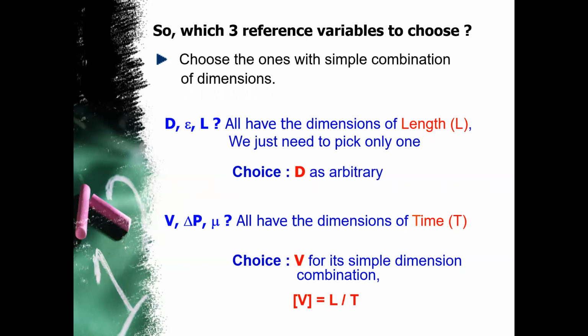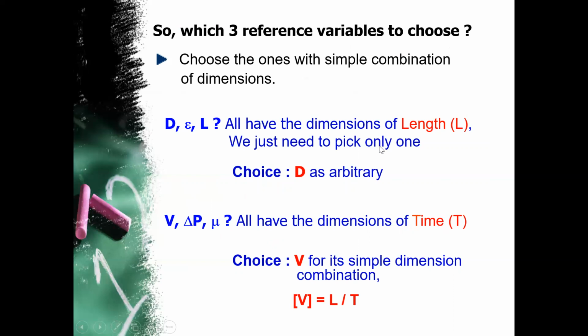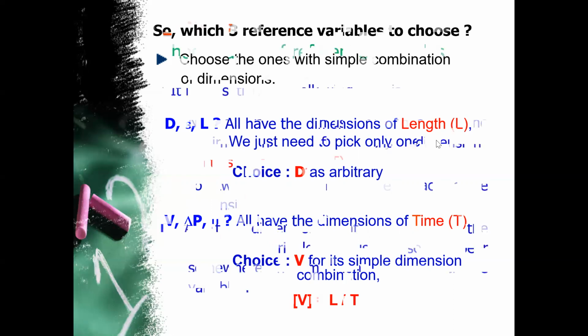Why 3? Because we have 3 fundamental dimensions, because we need something to represent L, T, and M. For L, which variables contain L?